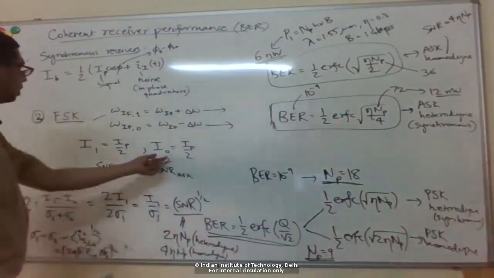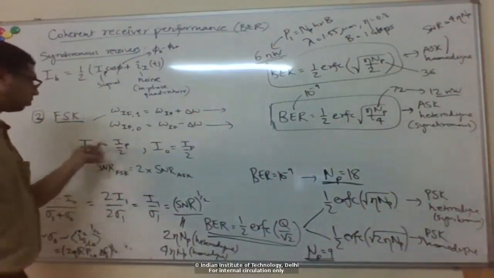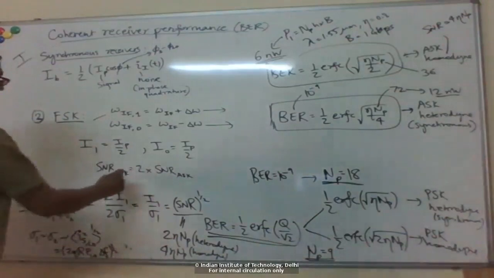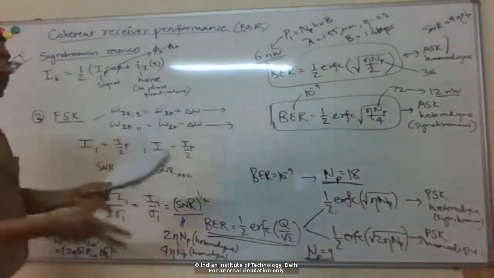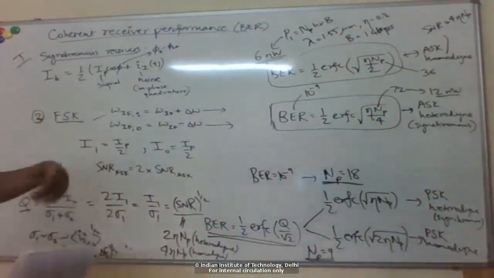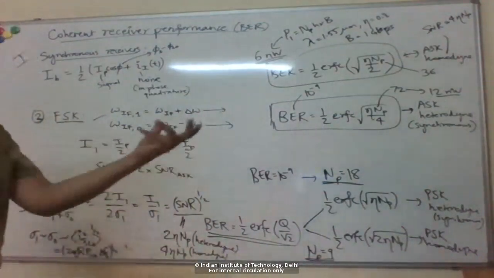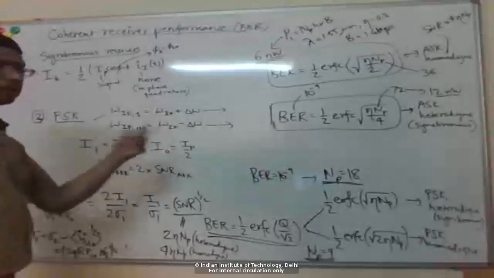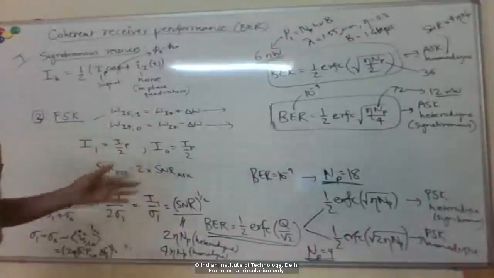Whereas for ASK, I only got the signal for bit 1, for bit 0 I didn't get any signal. Okay, and so for FSK it's like two ASK receivers in parallel, and depending on which of these two parallel circuits I'm getting the output signal from, I get the signal for both bit 1 and bit 0. Okay, so that's another story.